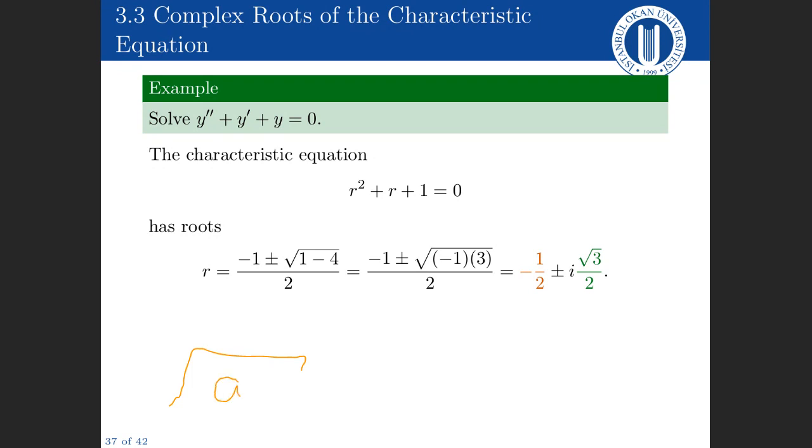Because the square root of two numbers, say a, b, is the same as the square root of a multiplied by the square root of b. This is the same as the square root of minus 1, which is i, multiplied by the square root of 3. In other words, we get minus a half plus or minus i, square root of 3 divided by 2.